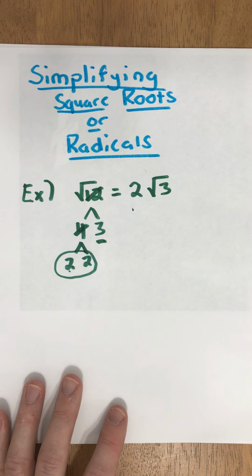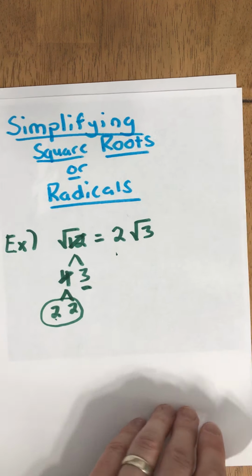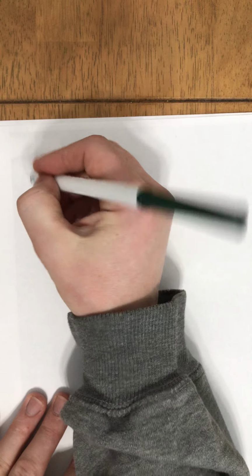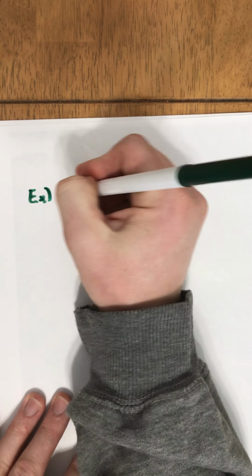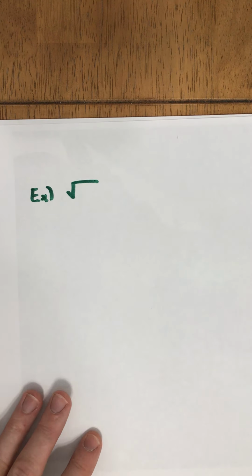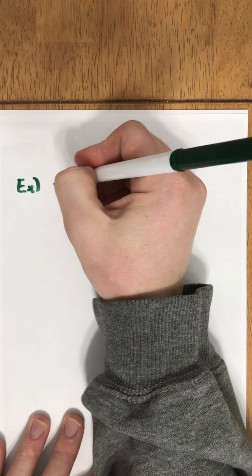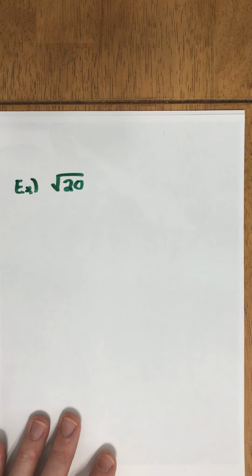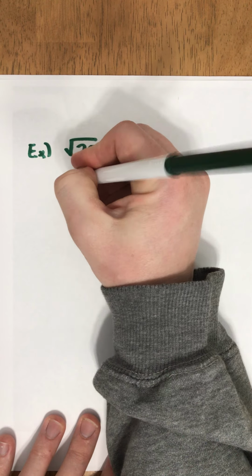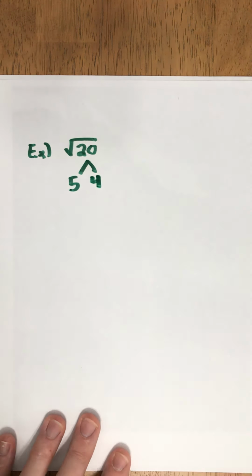All right, let's try another example of this just to give you guys some more practice. Next one, let's try something like the square root of 20. So if I have the square root of 20, I'm going to try and factor that. That becomes 5 and 4.